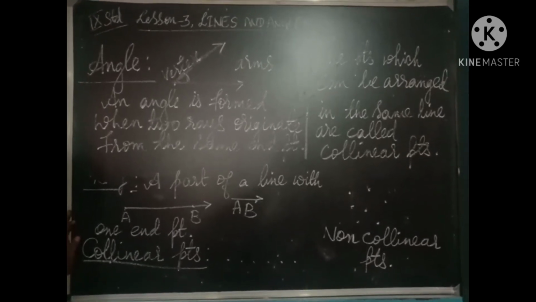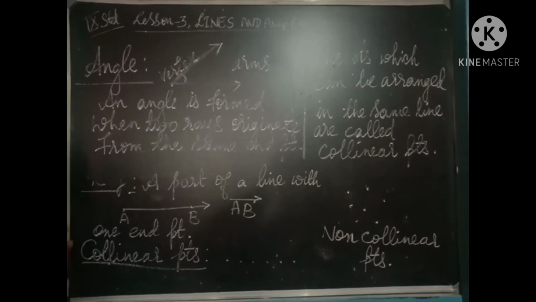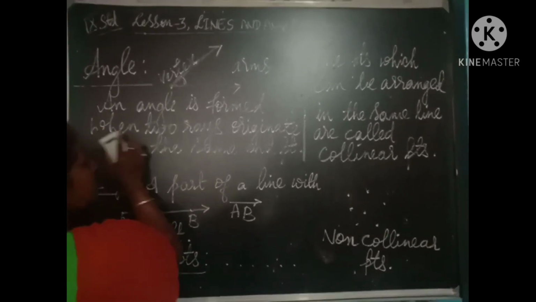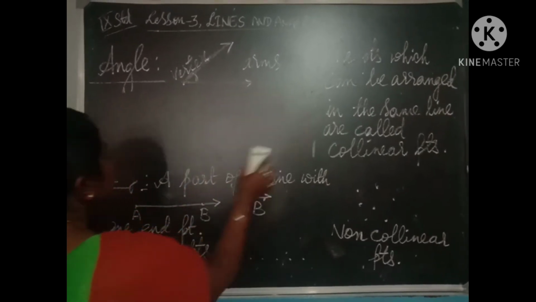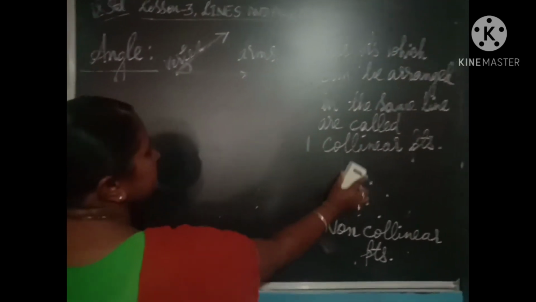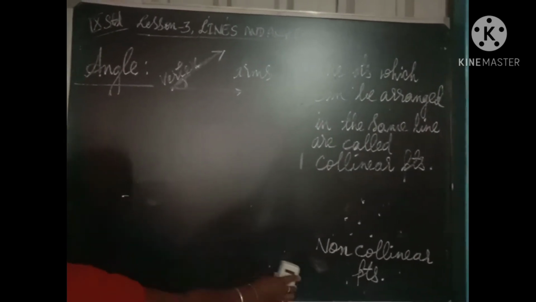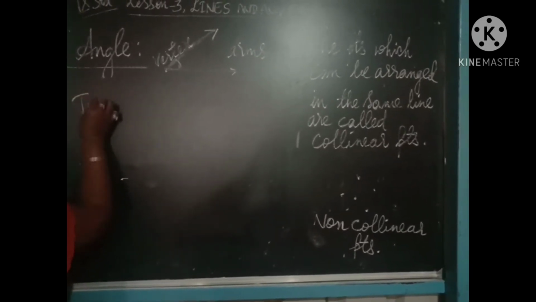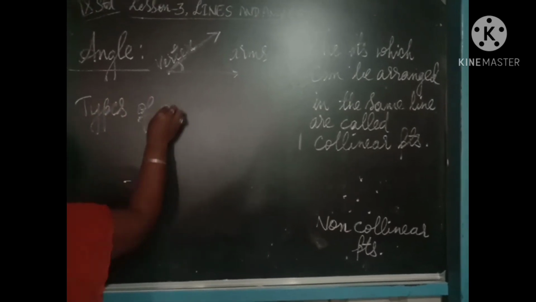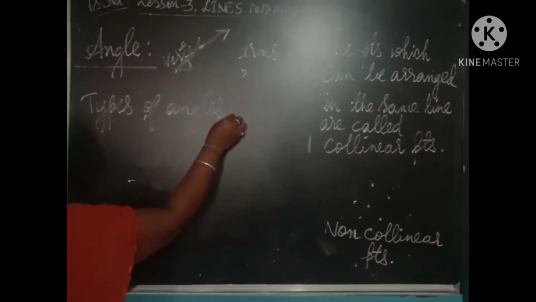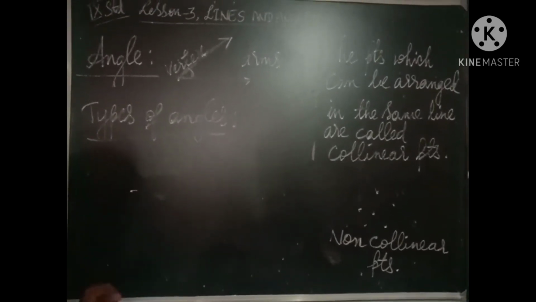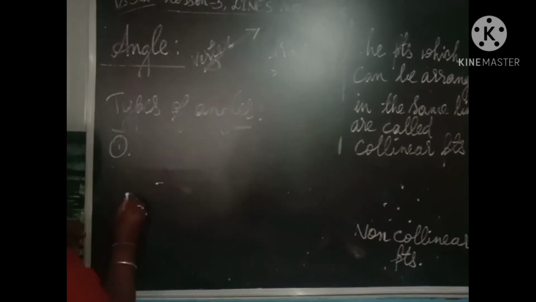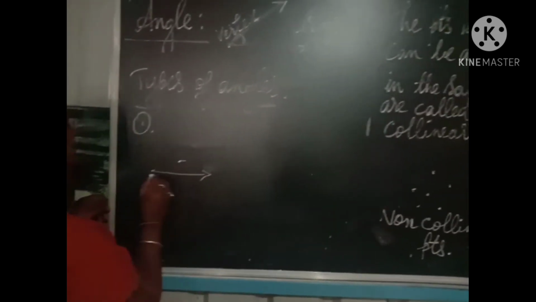Hope you all understood. Now let us learn what the types of angles are. The types of angles are according to their measure, like 30 degrees, 60 degrees. The first one: here we have an angle like this.